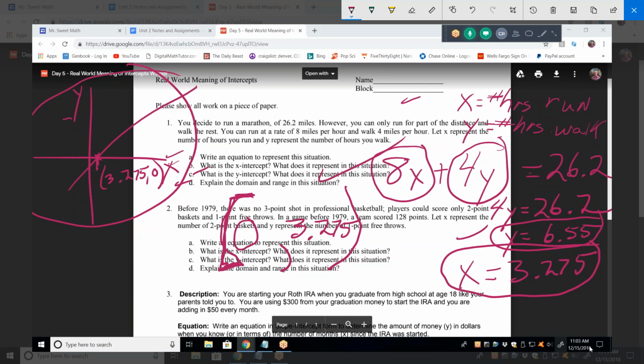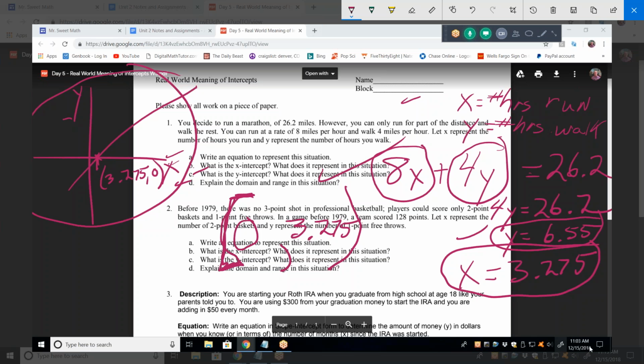If x is 3.275, you'll finish the race. So x will never be able to be 4 or 5 or 6. You see why? Yeah, because if x were 4, it wouldn't work. You'd run 32 miles. You wouldn't run 26.2 miles.